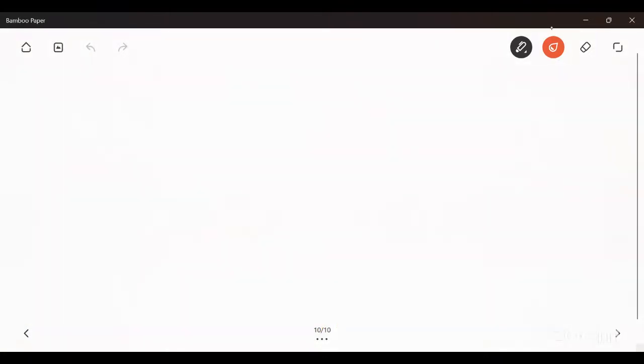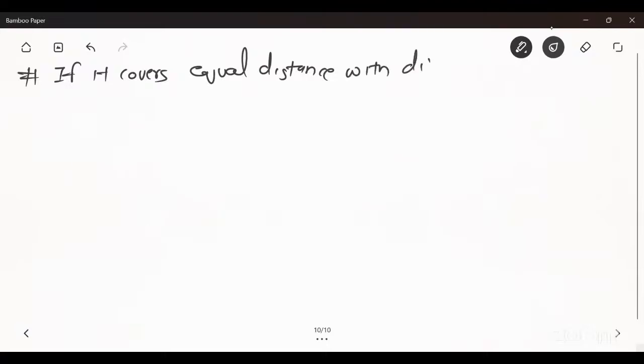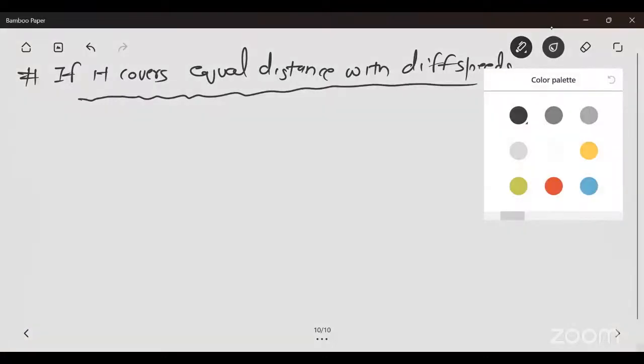Now the second case is if it covers equal distances with different speeds. See the case that comes in the question.